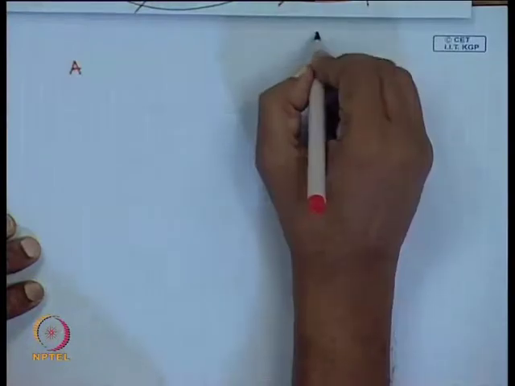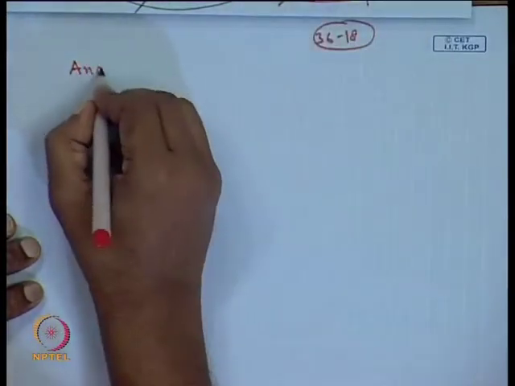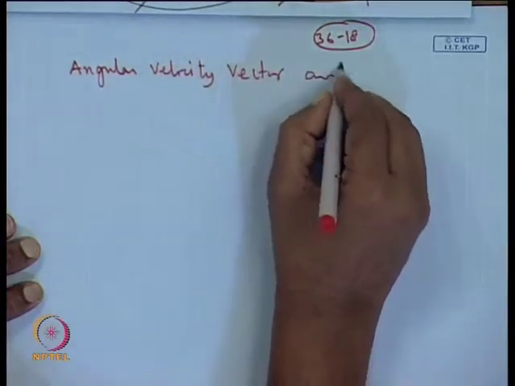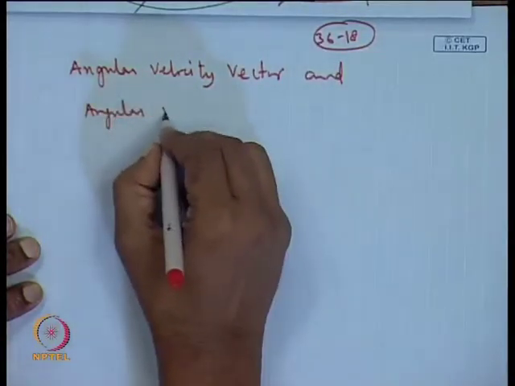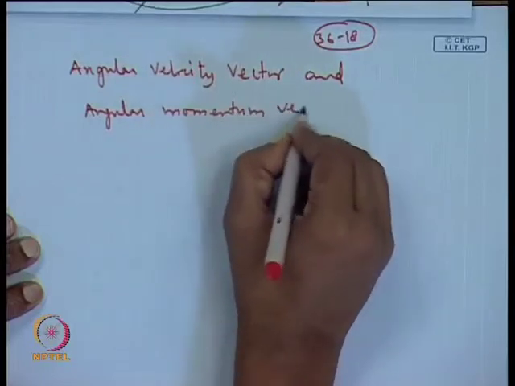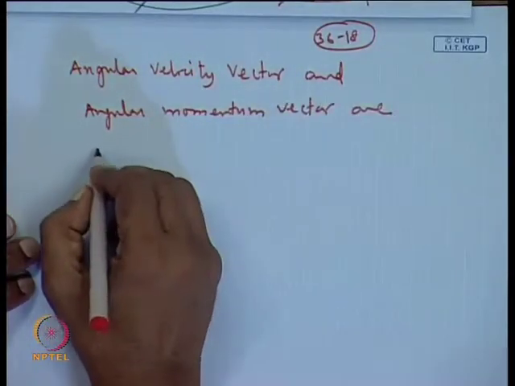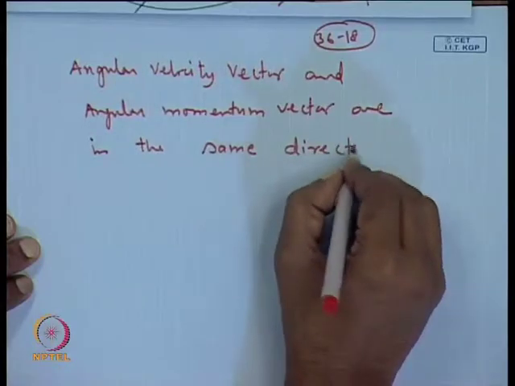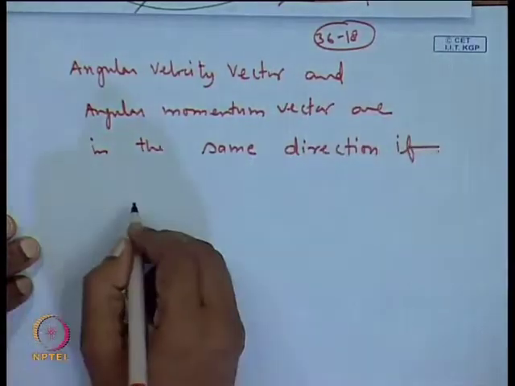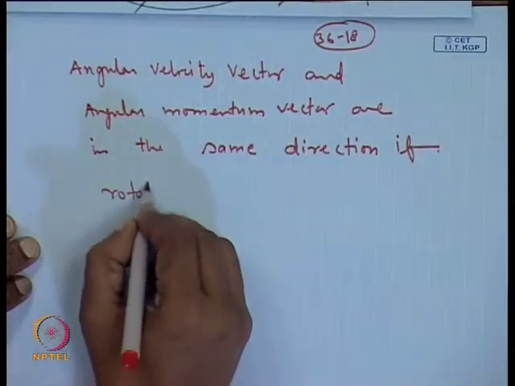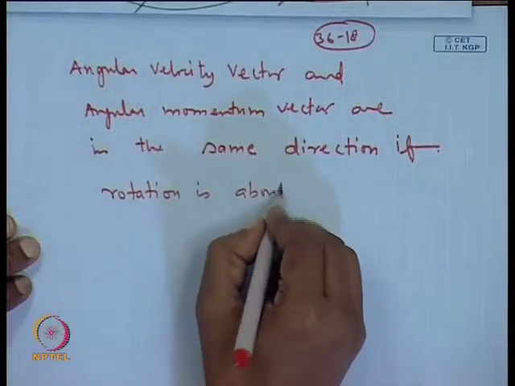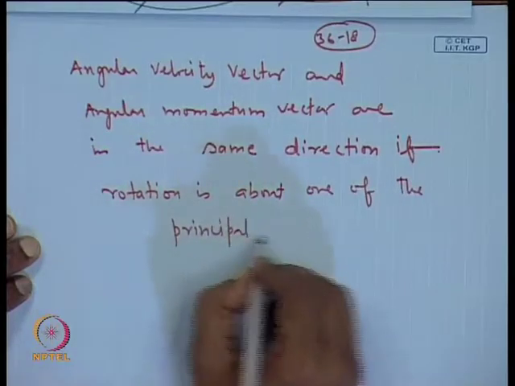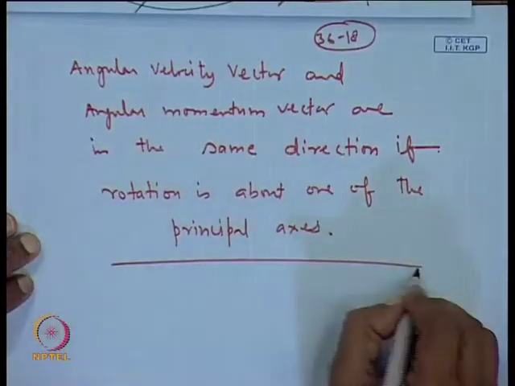So, here we can state: the angular velocity vector and the angular momentum vector are in the same direction if rotation is about one of the principal axes, otherwise not.